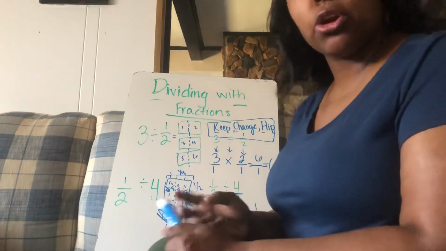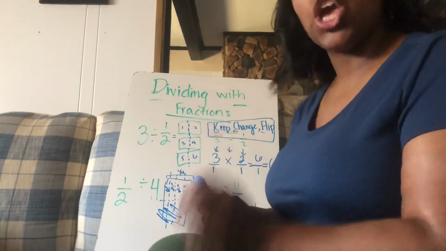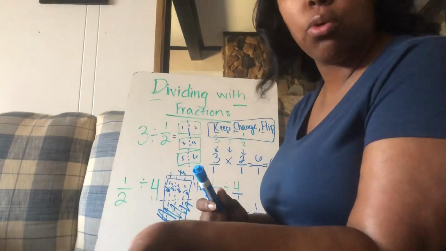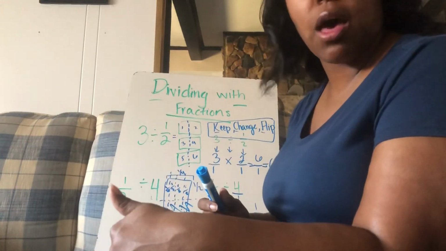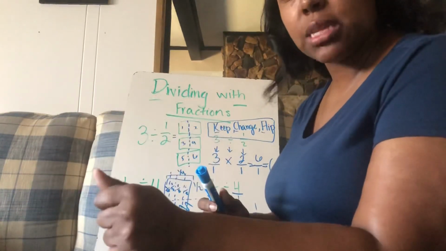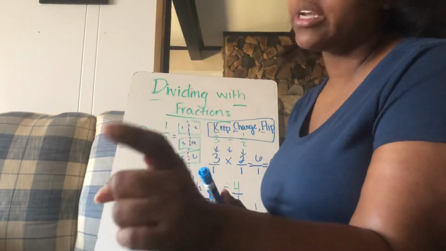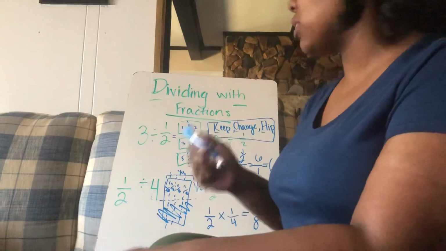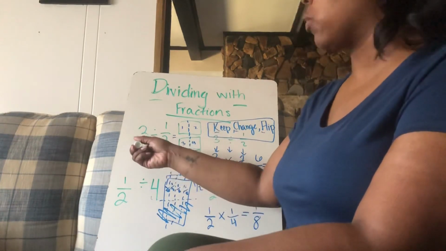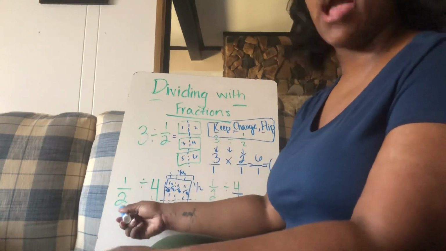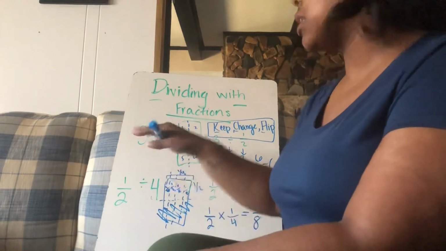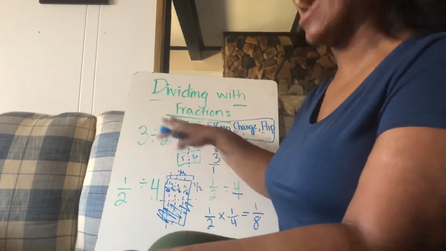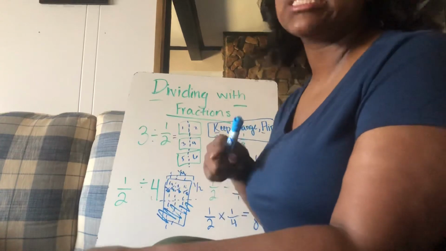And then when you open your packet to the next page, you're going to see the share and show and the on my own with a couple of word problems. And make sure, because when you're reading word problems with dividing, make sure you're paying attention to what that person starts with. Are they starting with 3 wholes? Or are they starting with a fraction of a whole? Okay, because just like in subtraction, when you're dividing, the order does matter.